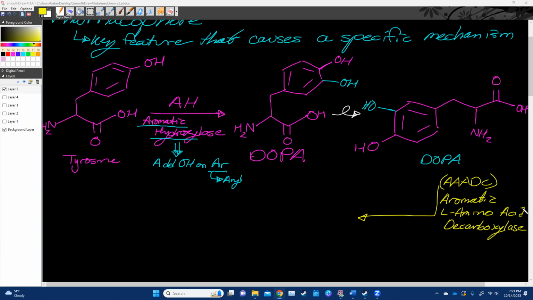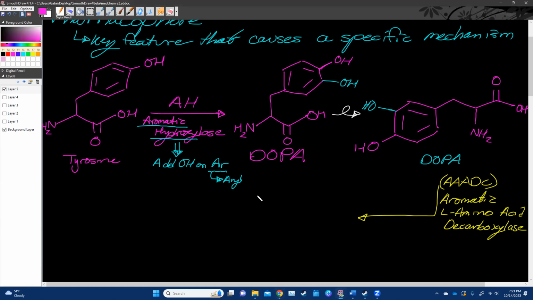So I always like to keep it as its full name purely because a lot more drugs than DOPA go through this enzyme. So in MedChem pharmacology, I always say leave it as its original name. You can shorten it to aromatic decarboxylase, but don't focus on the name DOPA decarboxylase. That's kind of too much.